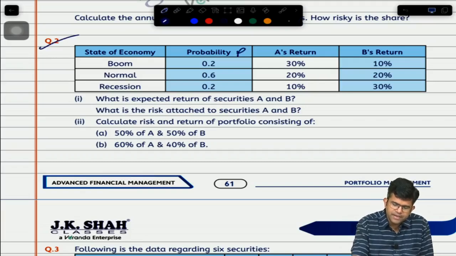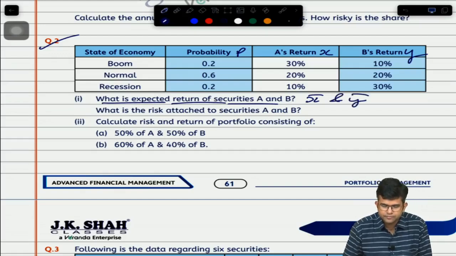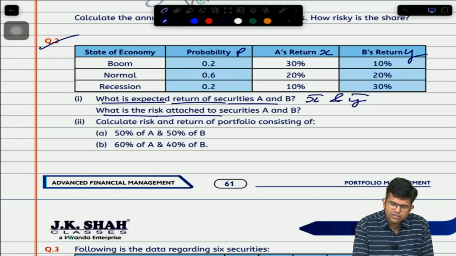So this is P, this is X, this is Y. What is the expected return of securities A and B? Hey, they are asking you X bar and Y bar. What is the risk attached to A and B? They are asking you sigma X and sigma Y.